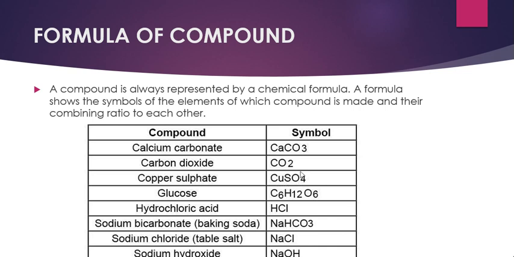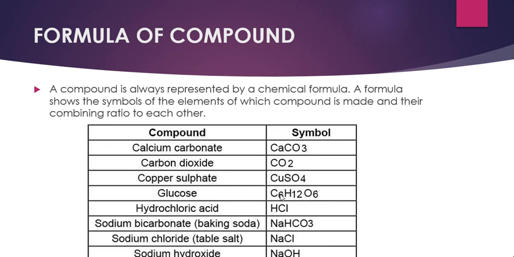Copper sulfate is made up of 3 elements, copper, sulfur and oxygen. And if we talk about atoms, total atoms in this formula, so copper 1 atom, sulfur 1 atom and 4 atoms of oxygen. So total how many? 4 plus 1 of sulfur and plus 1 of copper. Total become 6.